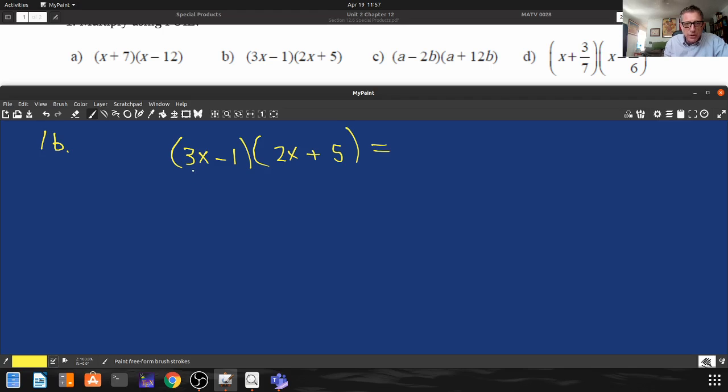So the first terms, 3x times my 2x gives me 6x squared. My outer terms, 3x times 5 is plus 15x. That's outer.